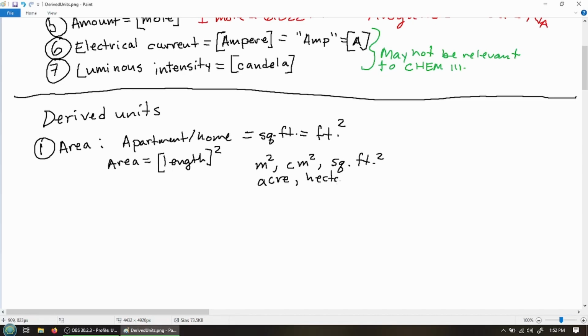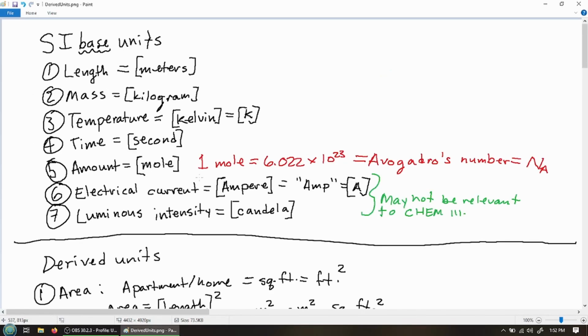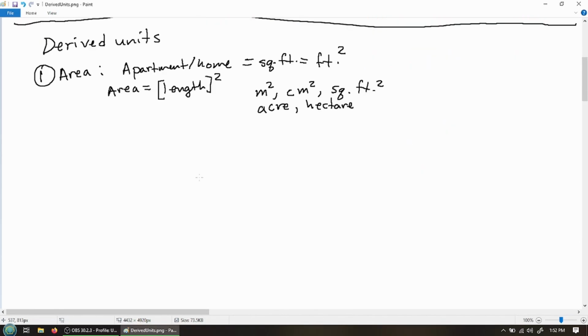But the idea here is that because we can actually express these as simpler quantities in terms of one of our base units, we don't consider acre or hectare or any of these ones like meters squared to be base units on their own.